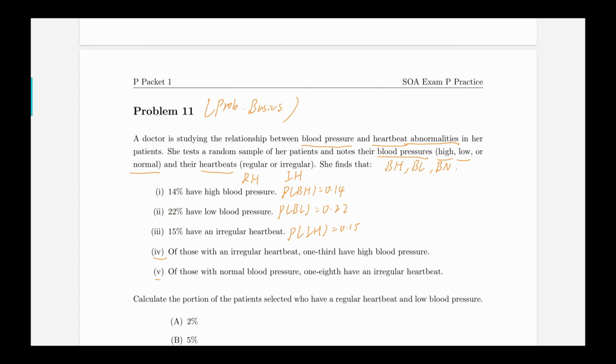And the next 2 conditions are interesting because they are in forms of conditional probabilities.